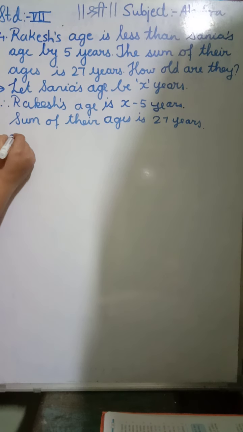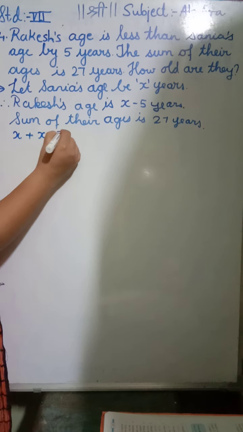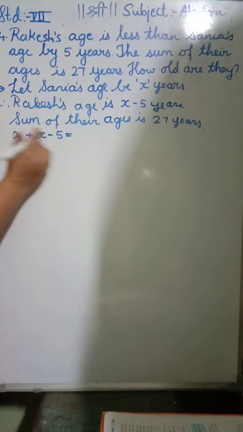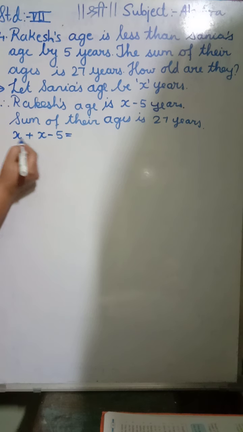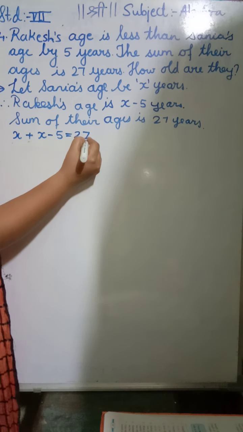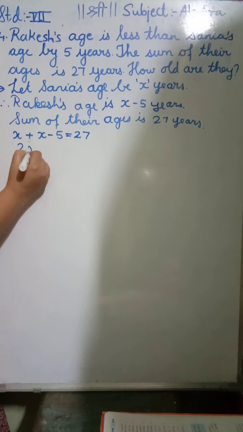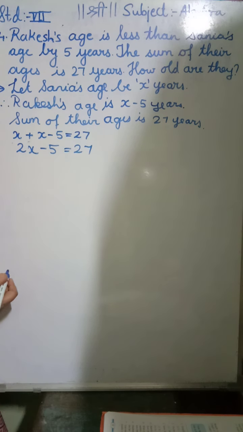The first one is x, and the other is x minus 5, and the sum is 27. Now add the like terms: x plus x, 2x minus 5 is equals to 27.